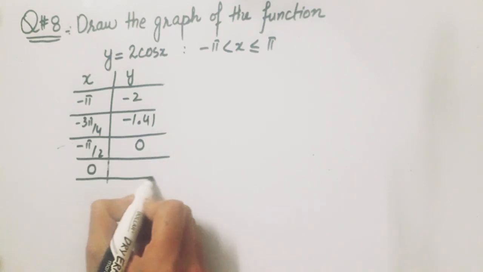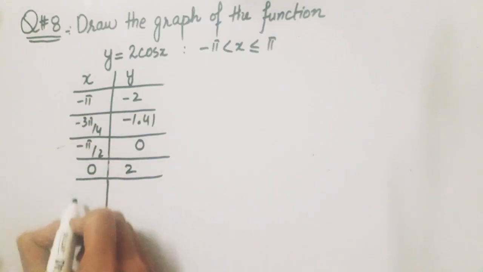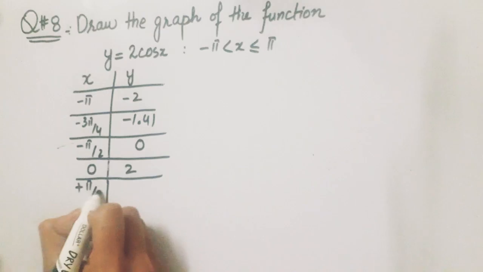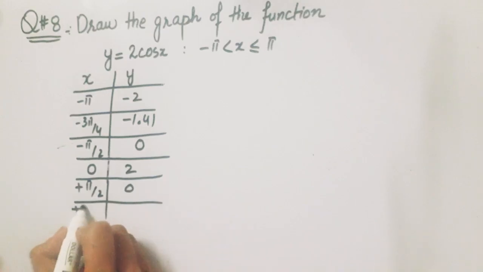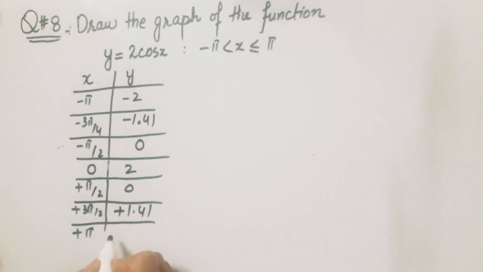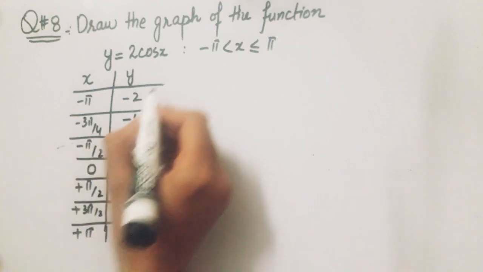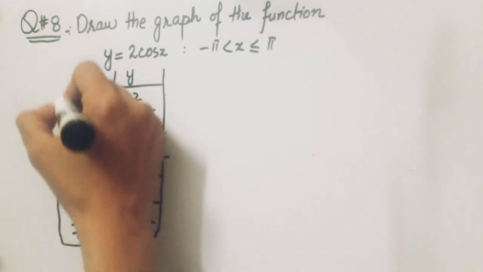You will get value of y is equal to 2. Now you will put positive values: pi by 2, then you will get again 0, then put plus 3 pi by 2, you will get the value plus 1.41, then put positive pi and value is plus 2. Now we will plot the graph according to these points.